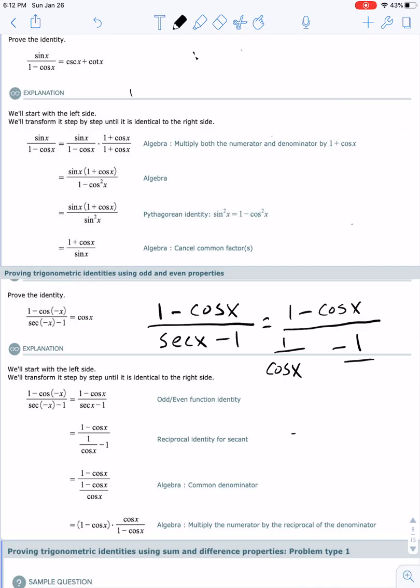Wow, that's a lot of denominators. So cosine x, that gets a cosine x. So now we have 1 minus cosine x divided by 1 minus cosine x over cosine x, or multiplied by cosine x over 1 minus cosine x. And yay, algebra, that reduces to 1, and we're left with just cosine x.